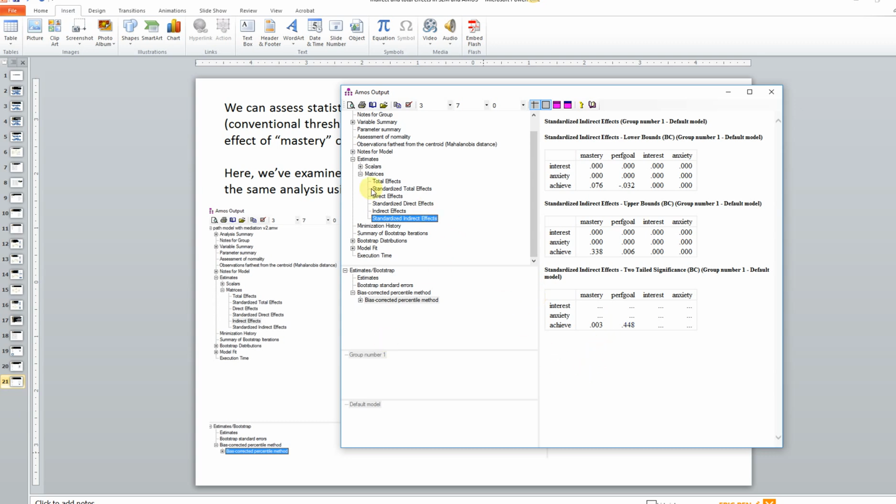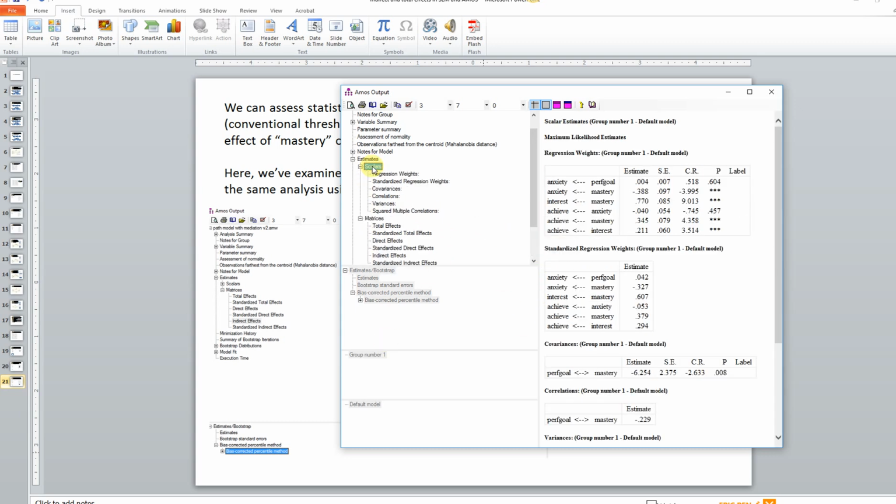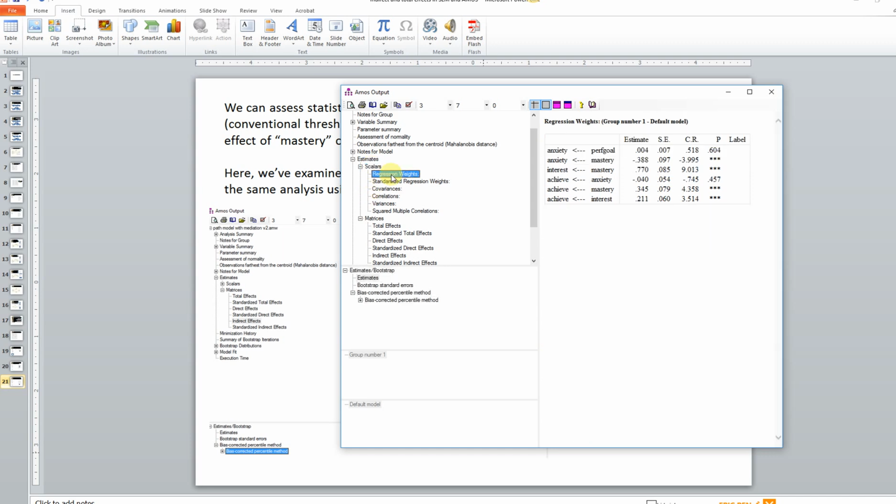Also, I do want to note that we have other options with respect to the regression weights that we saw up above. The bootstrap results don't only pertain to the indirect, direct, and total effects. We have the direct effects right here, and if we wanted to test these unstandardized effects using the bootstrap method, there it is.